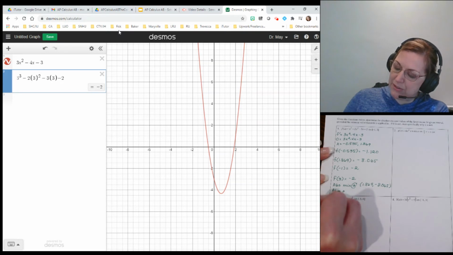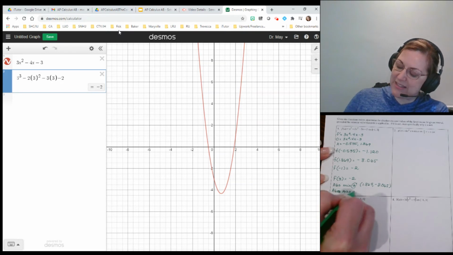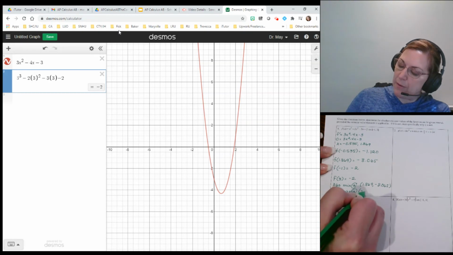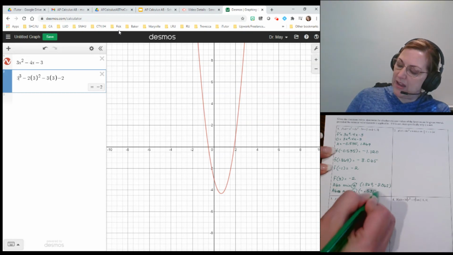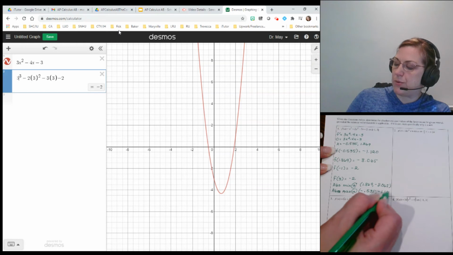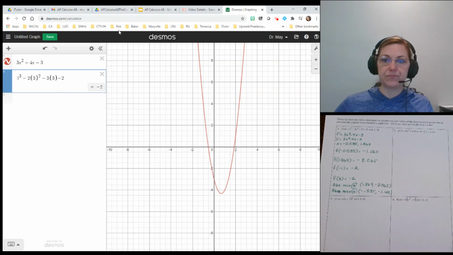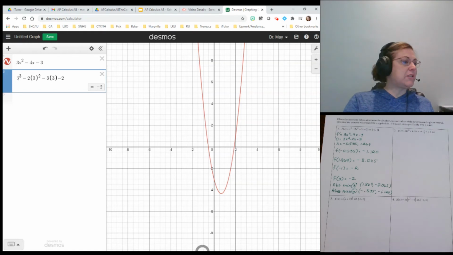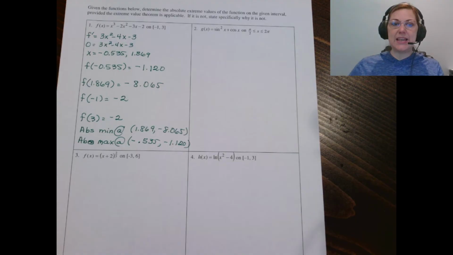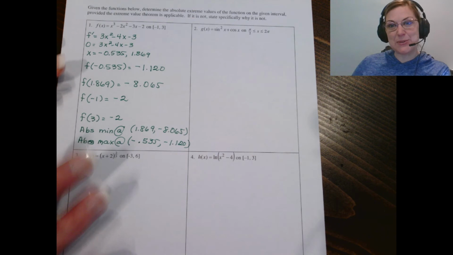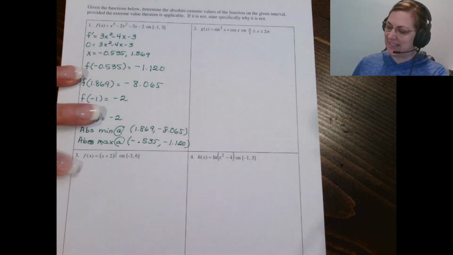My absolute max is at the negative 0.535 and negative 1.120. Those are my absolutes here. Let me switch my layout back so you can see a little bit better. We might keep Desmos on hand. We might need it again. We'll just have to wait and see.